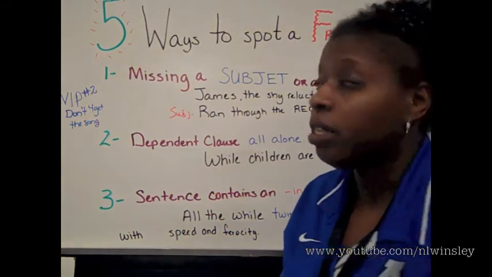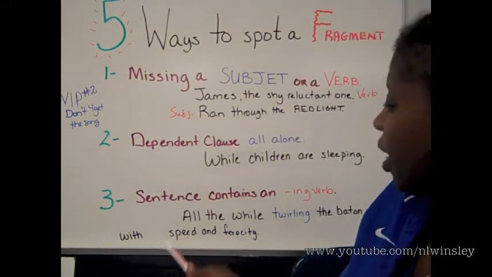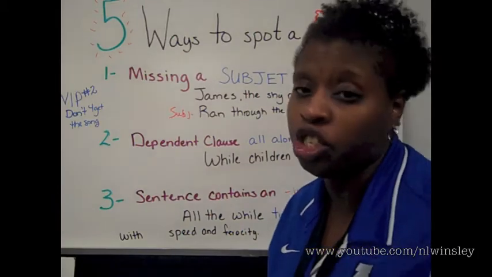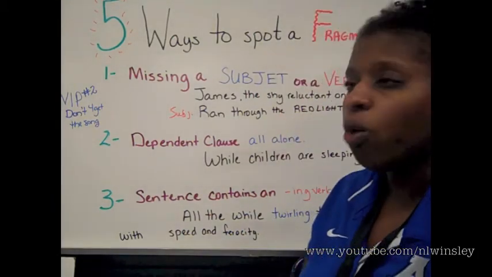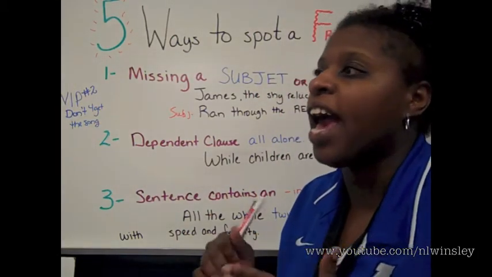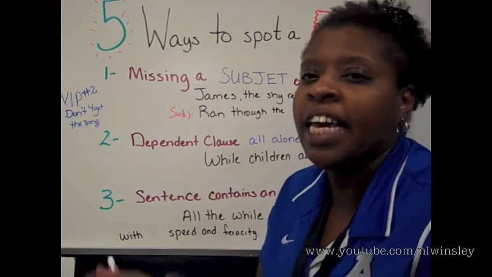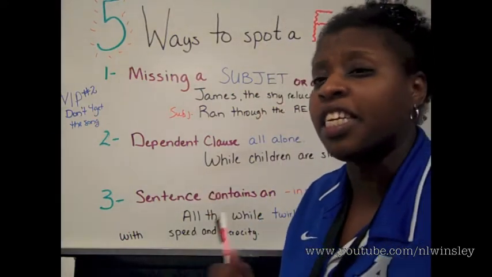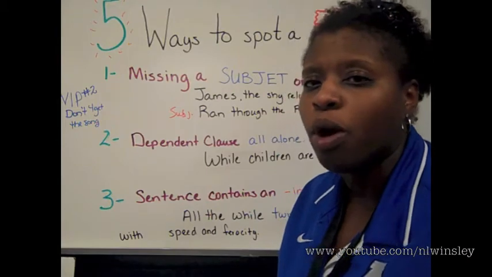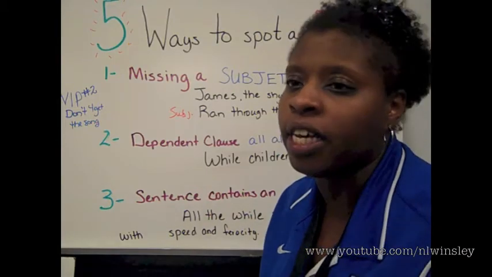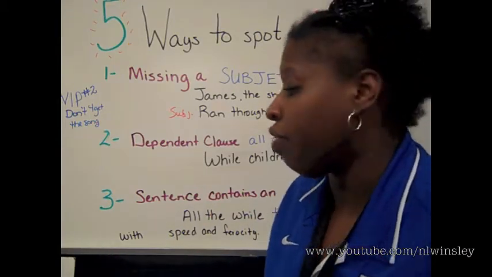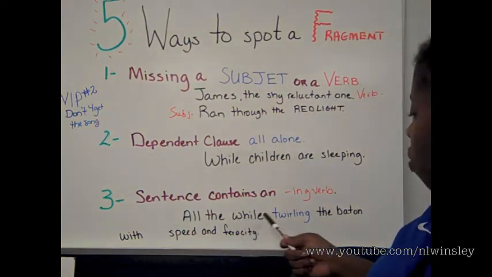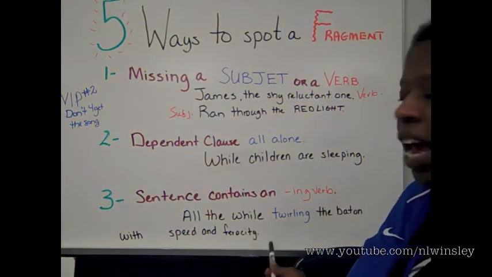The third way to spot a fragment is the sentence contains an ing verb. So when I mean an ing verb, all it has is just that ing type verb. So the sentence either starts with the ing verb or after a phrase, it has the ing verb in there. So for example, all the while twirling the baton with speed and ferocity.